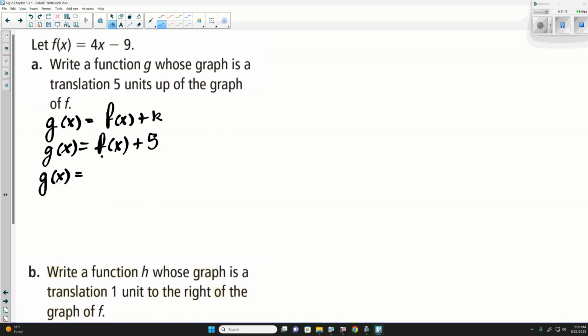Now, unlike the last one, did we do anything to f of x? The function specifically, do we need to change anything about the function? No, we didn't have anything. We just still have f of x. So that means I can just replace f of x with its function. So we'd have 4x minus 9 plus 5.